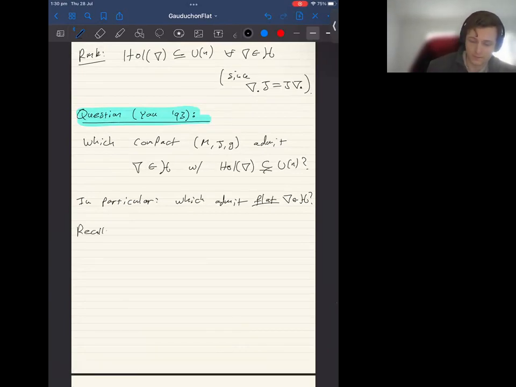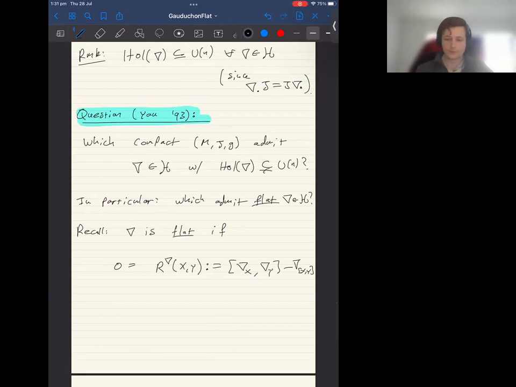So we say nabla is flat if its curvature tensor vanishes, right? So the curvature tensor is 0, and this is literally just how we define it for the Levi-Civita connection, just like that.